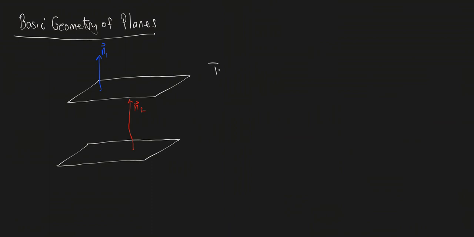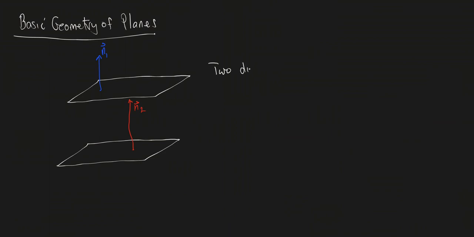So two distinct planes, meaning they don't pass through the same set of points. They're not identical. It's not like I copied this plane and then put it right on top of it. No, I made sure that there was some, in this case, vertical distance between them.